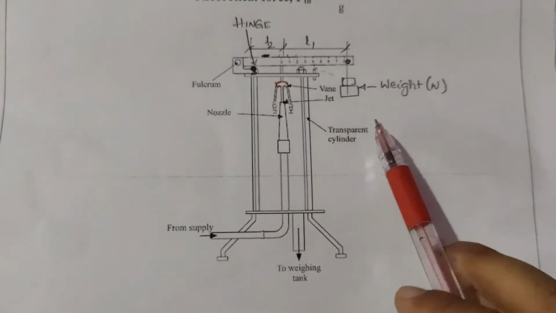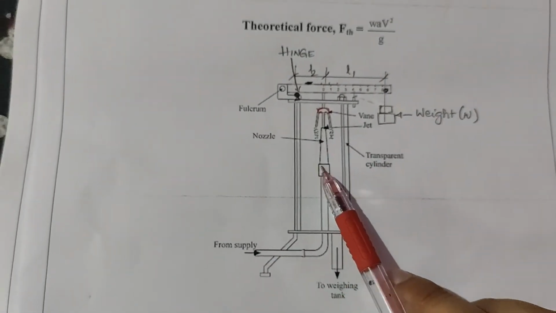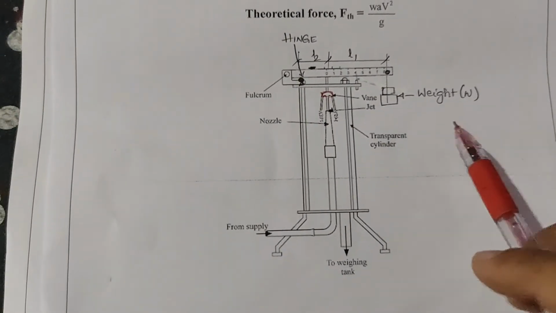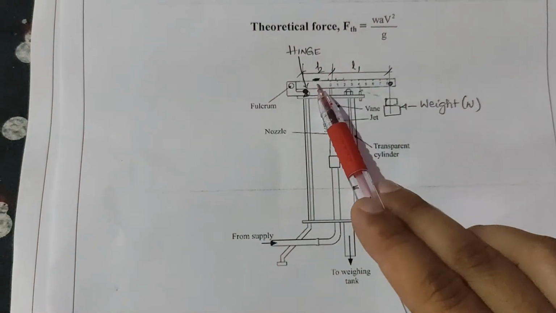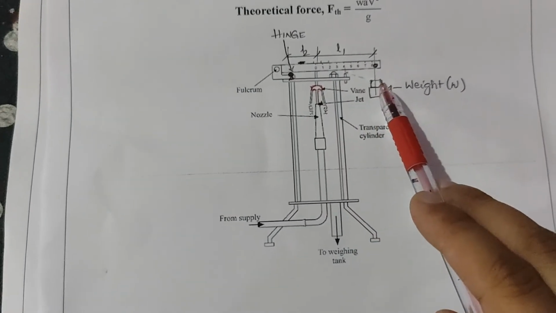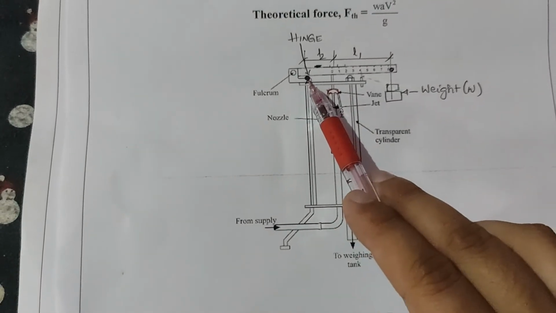Here first we have to note down the diameter of the nozzle and hence calculate the cross-sectional area of the nozzle, and also note down the values of L1 and L2, where L1 is the distance from the center to the hanger weight and L2 is the distance from the center to the hinge.